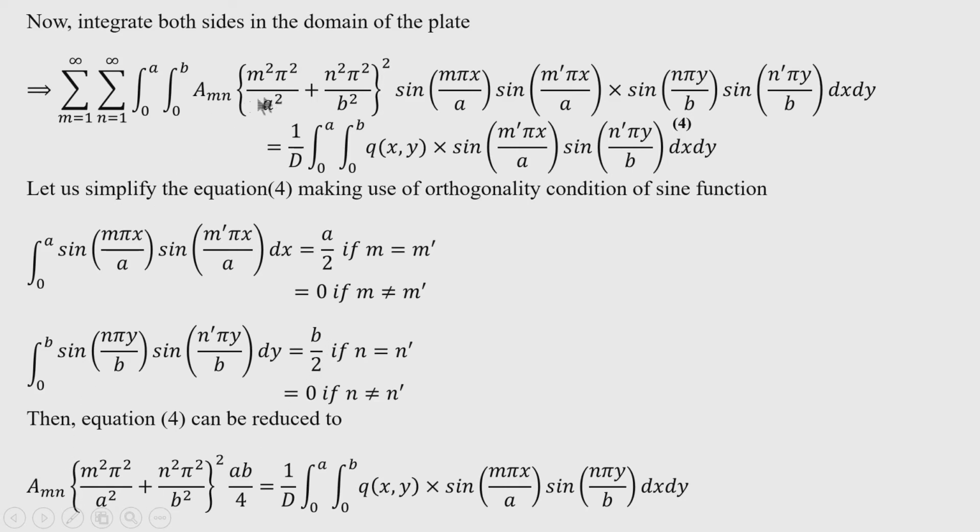Now the summation is not required, because the only terms remaining are m equal to m dash and n equal to n dash. Other terms will be 0 because of the orthogonality condition. That orthogonality property is the key point here.